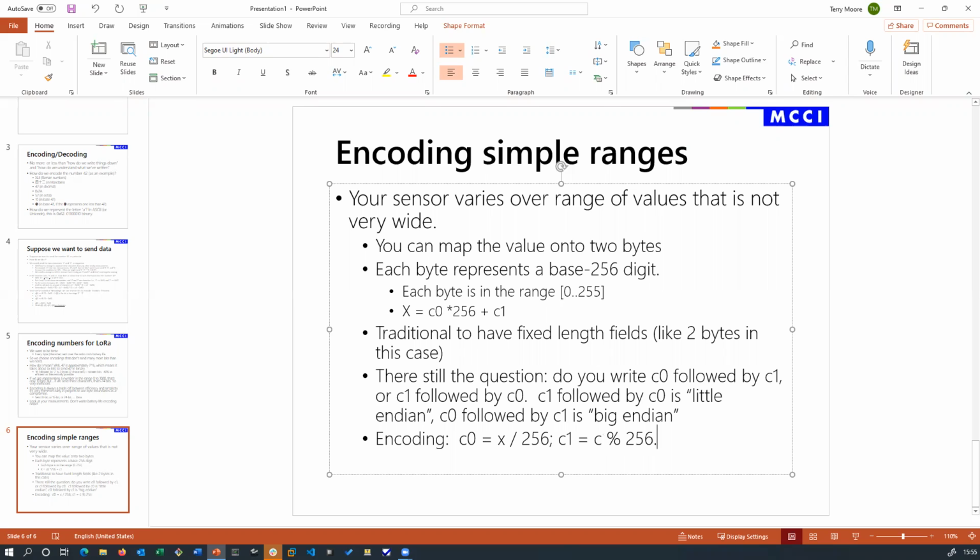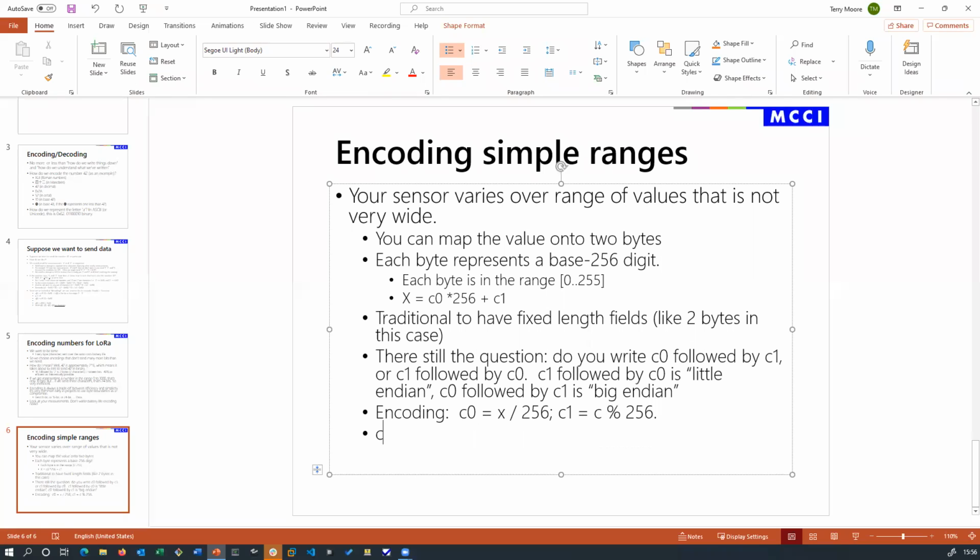Now, if you're familiar with binary arithmetic, you will immediately know that these two operations, dividing by a power of 2 and modulo a power of 2, can be done very efficiently using ANDs and shifts. X divided by 256 is identical to X shifted right 8, and shifts are much easier than divides.